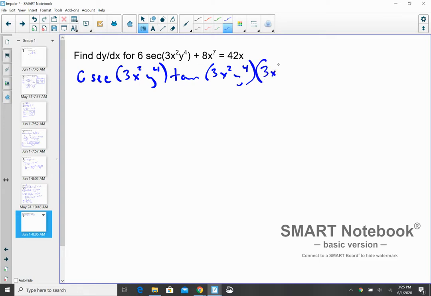So 3x squared times 4y cubed dy dx. Finally, the implicit, because we finally took the derivative of the y piece, plus 6x times y to the fourth, plus 56x to the sixth, and I ran out of room, equals 42.